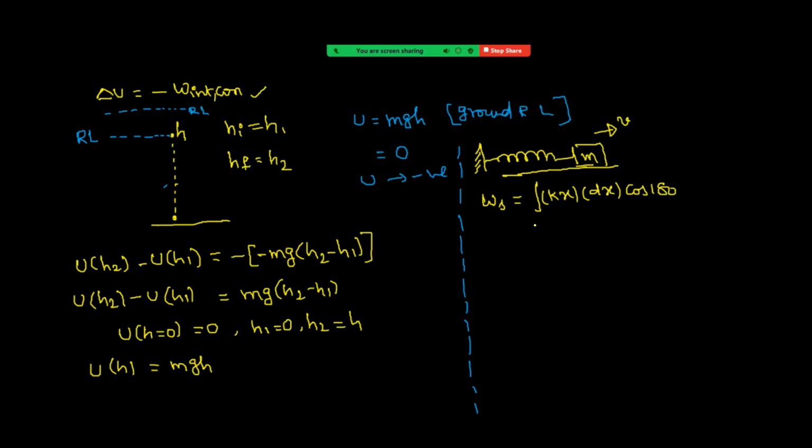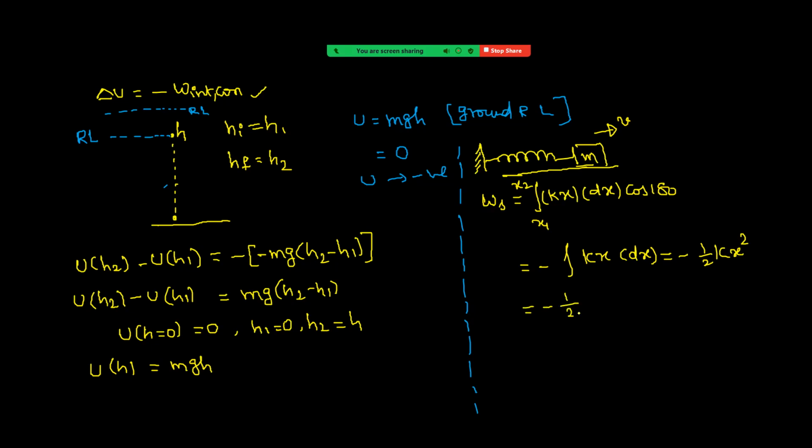Let us take initial elongation x1 and final elongation x2. Cos 180 gives minus, which we can take outside. Integral of kx dx equals minus half kx square.